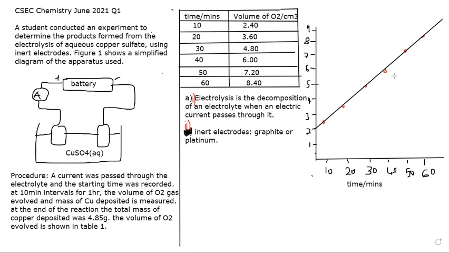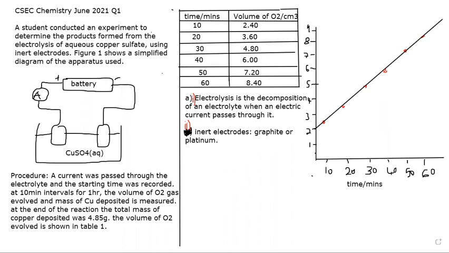That's our line of best fit. Your graph should look something like this. When you plot it, you should get a straight line. So that was for part B, number 1.